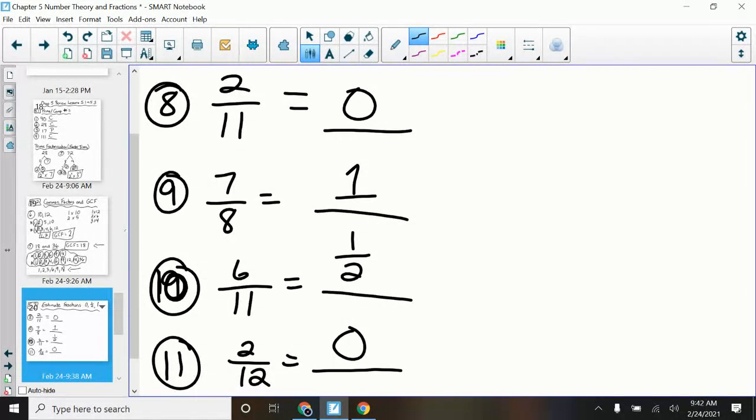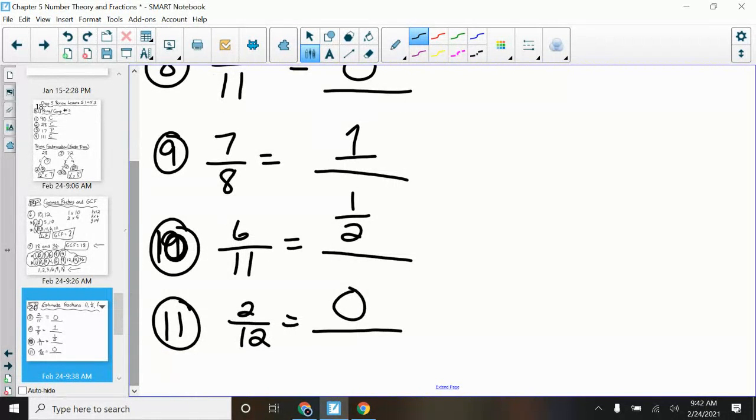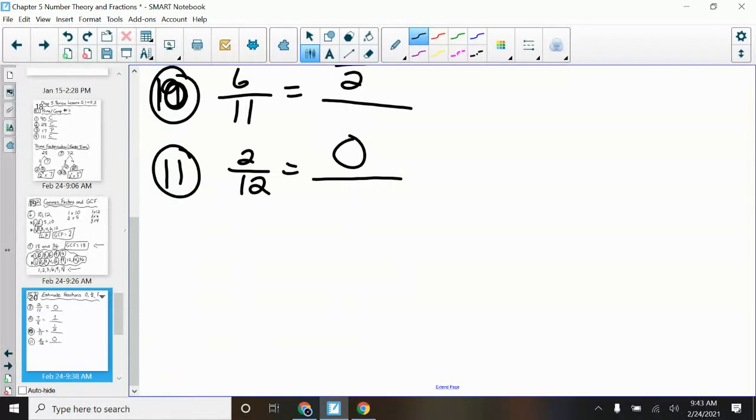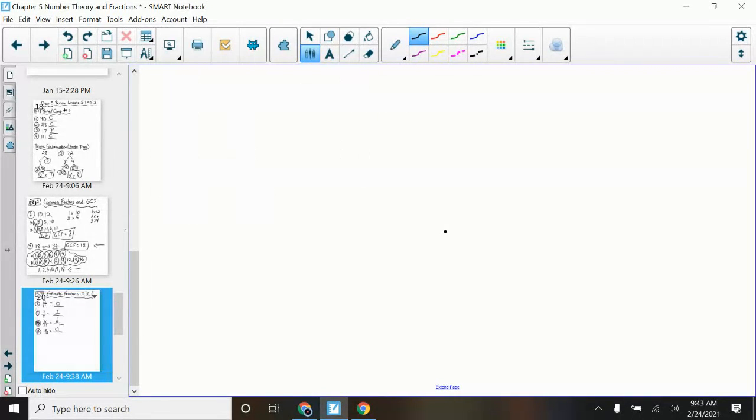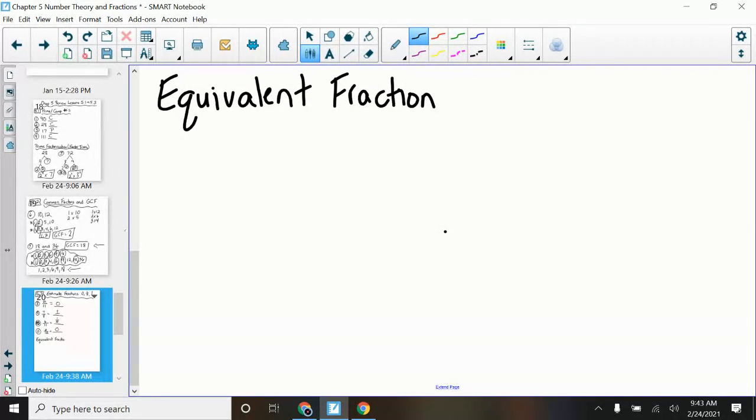Okay, so we have one thing left because after we learned how to estimate fractions, we then learned how to make equivalent ones. Okay, so after that section came this equivalent fraction stuff. So this is where we learned how to make equivalent fractions with multiplication or division.